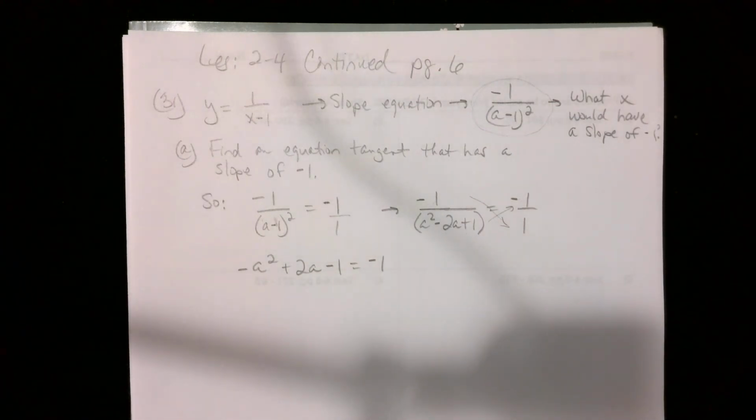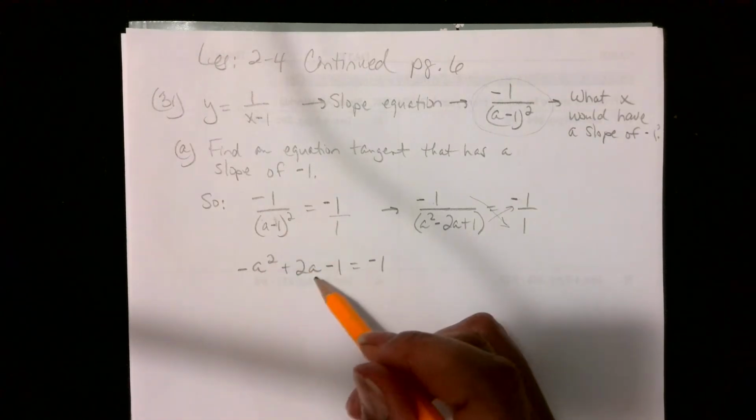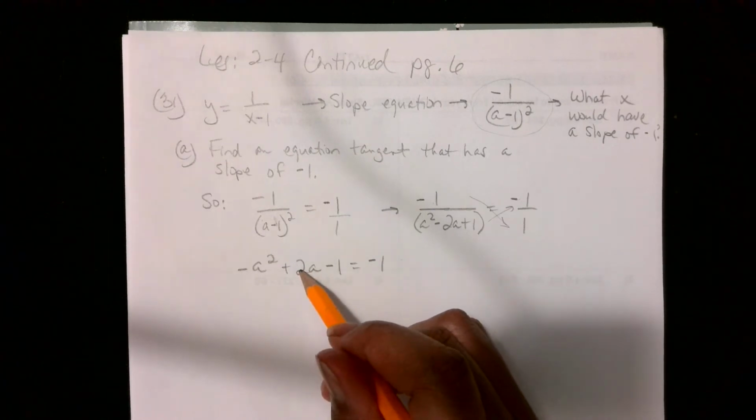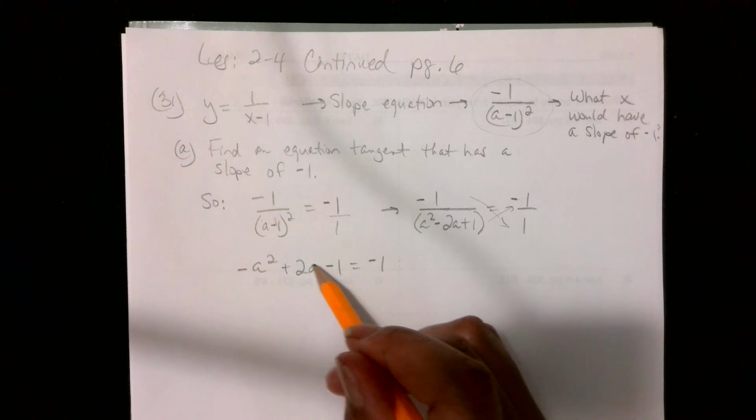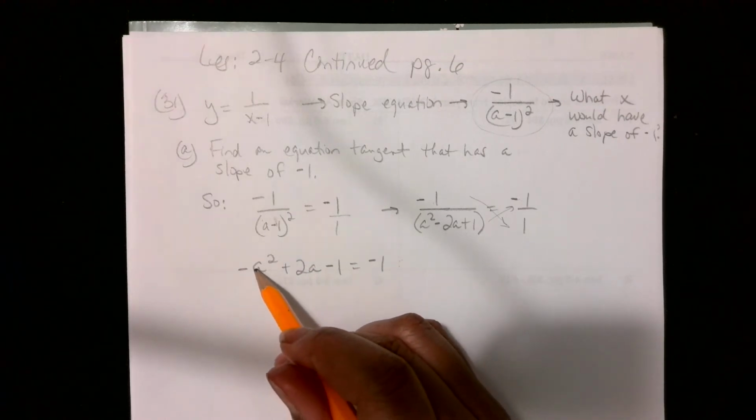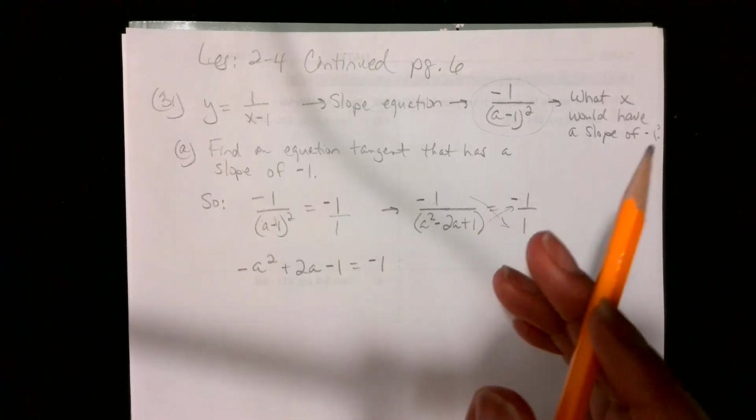Alright, so if you notice, a is to the second power, and that's quadratic, and so hopefully you know that some factoring has to happen, but we can't do it when our leading coefficient is negative. So we take everything to the other side of the equal sign so that this side can be 0 and then our leading coefficient can be positive.